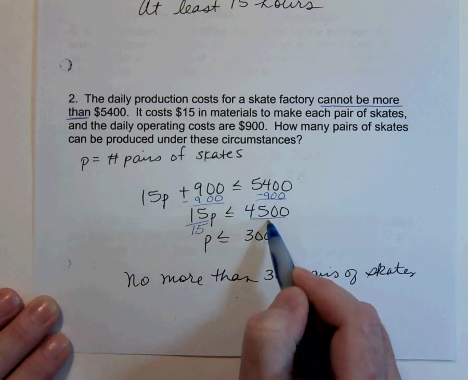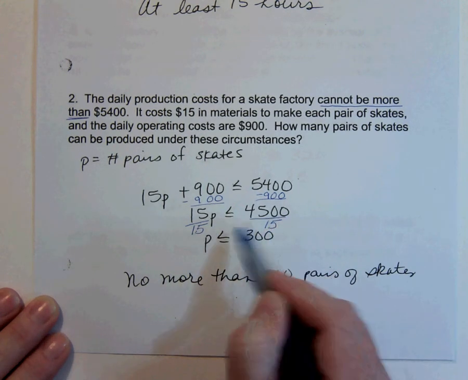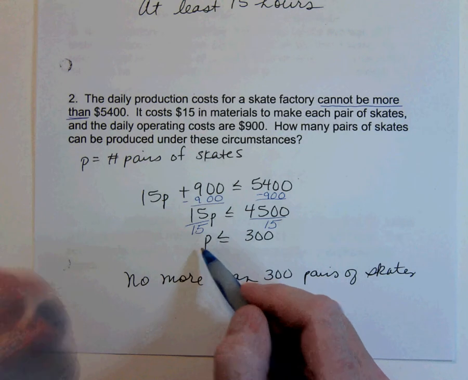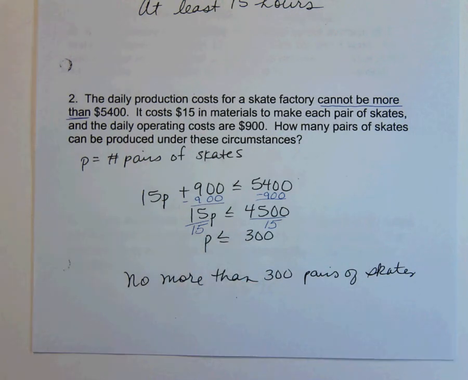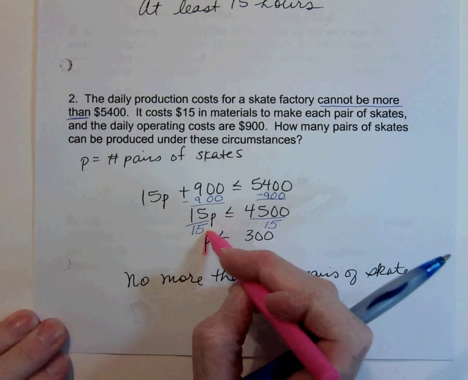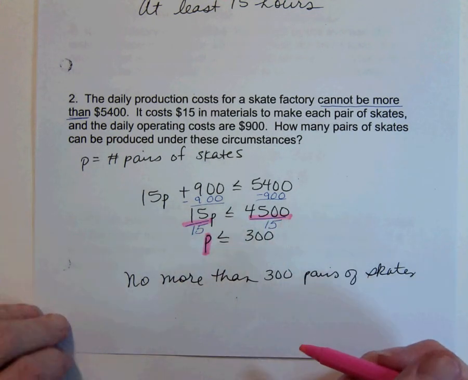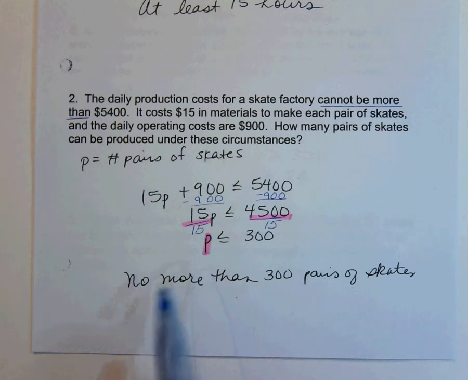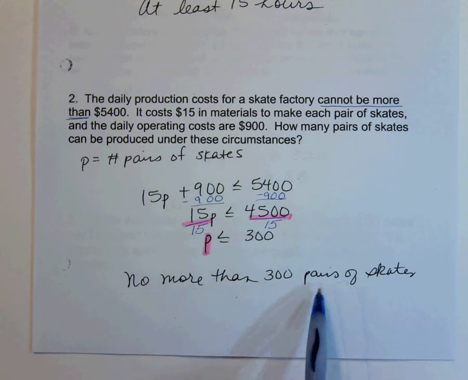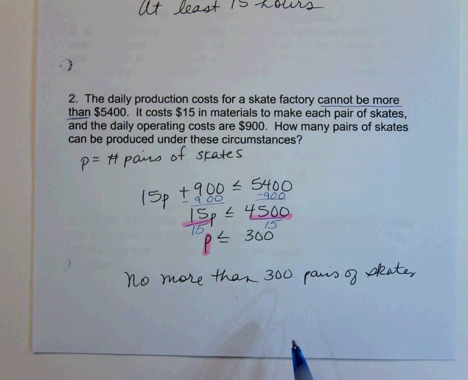Anytime you're getting a variable by itself, which the P ultimately was to be alone, the last step in doing so is the division step. Always think divide. Division is the last thing. So no more than 300 pairs of skates could be made under their circumstances. So that's how many they could make.